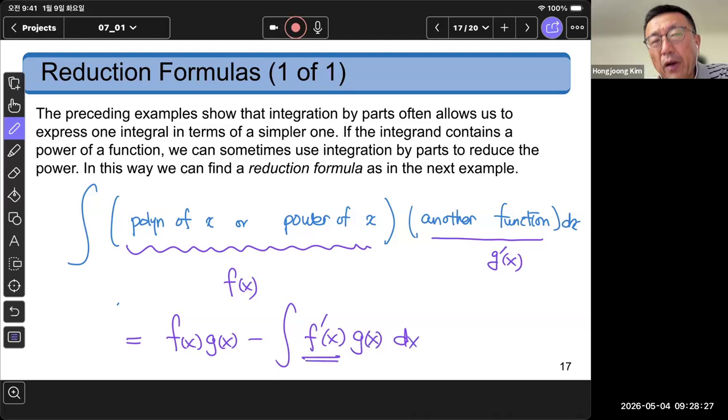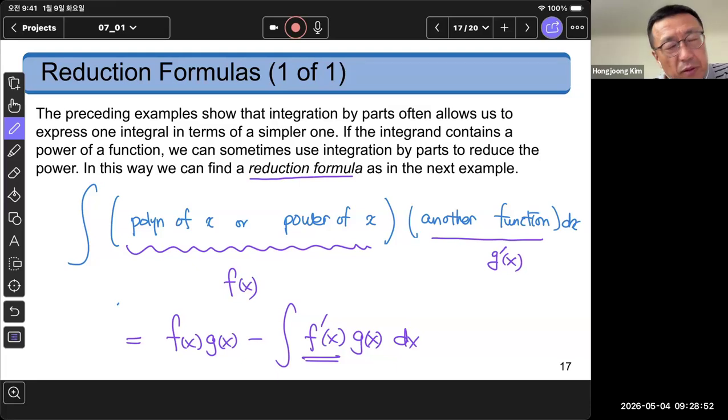So f prime is given as the integrand. That means the power of x will be reduced by 1 if I apply the integration by parts.